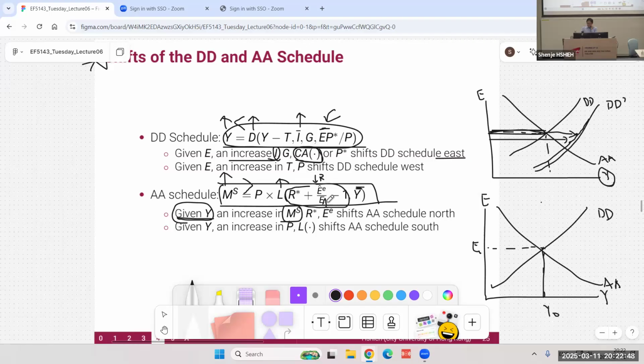So if I increase MS and hold Y constant, then I should observe an increase in E. So this point jumps up to this point. In fact, every point on the AA schedule has to jump up because I chose Y arbitrarily, right? So the entire AA schedule shifts up.